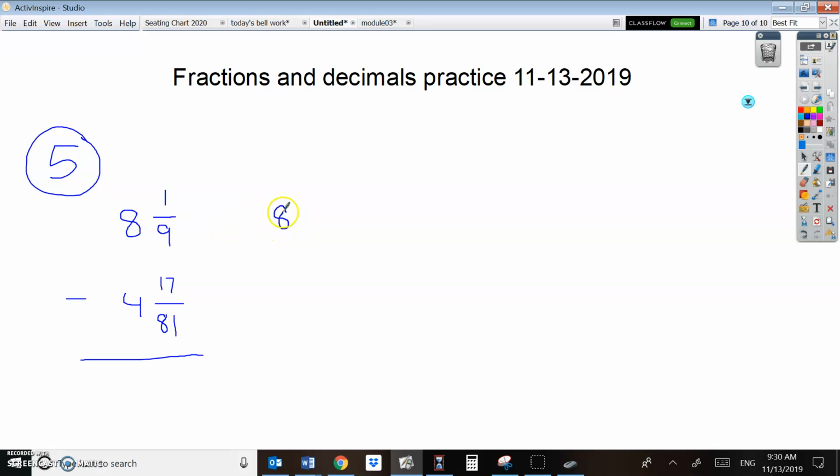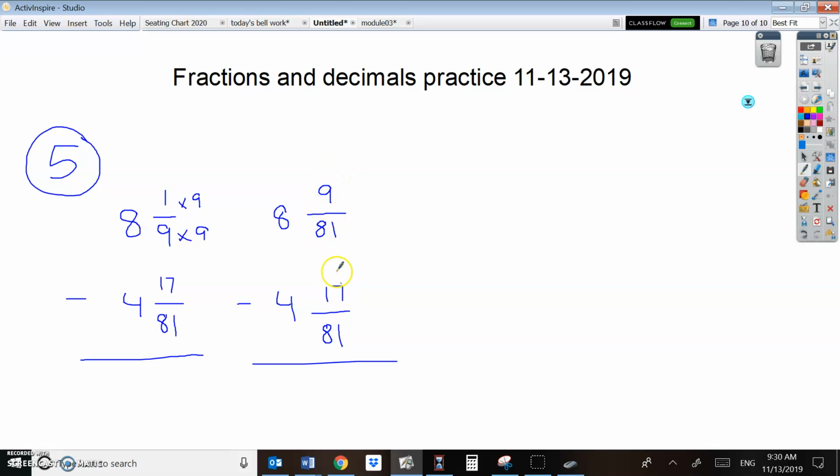So it's 8 and something over 81 minus 4 and 17 over 81. So multiply that by 9 and this by 9. So you have 8 and 9 over 81 minus 4 and 17 over 81.